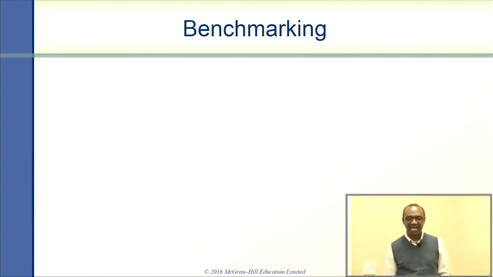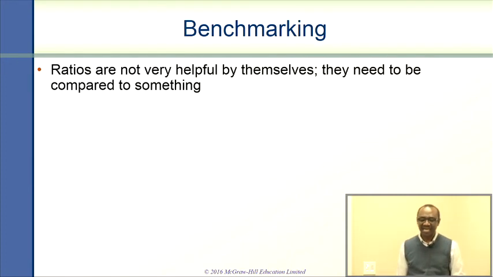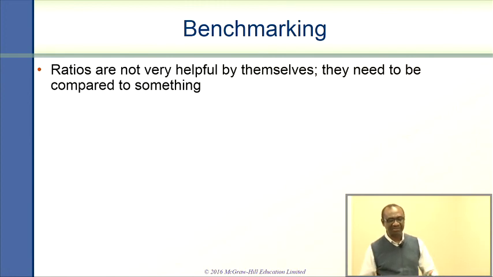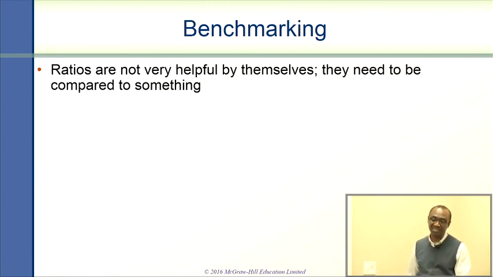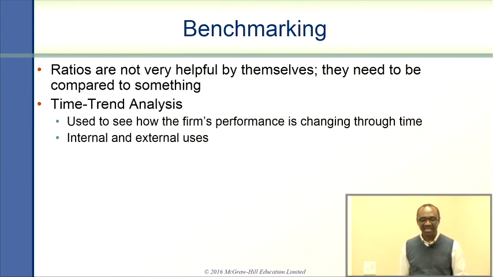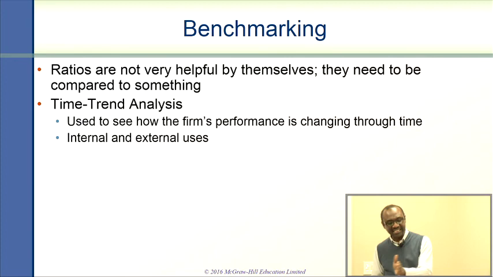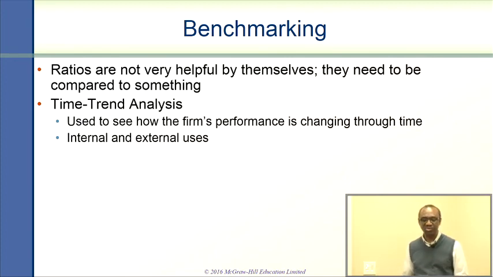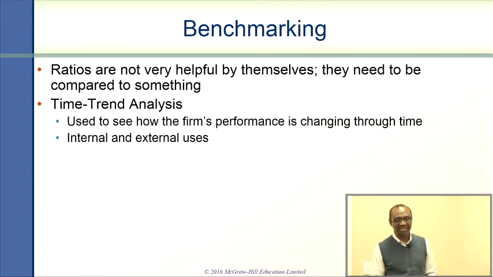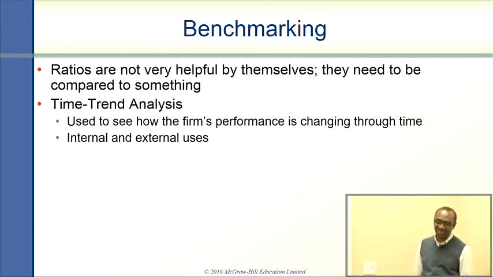In terms of benchmarking, these ratios are not very helpful by themselves, but they need to be compared with something, which we call the industry average. The industry average will tell us the general performance of the company. As such, we look at the time trend analysis, which shows how a company's performance is changing through time. This is equally useful for internal and external use.